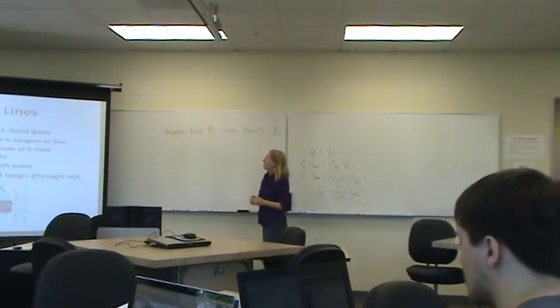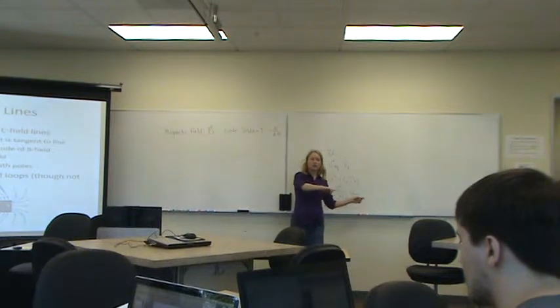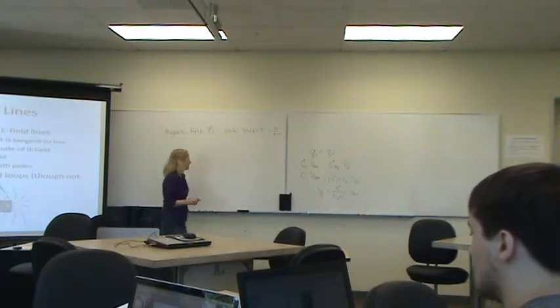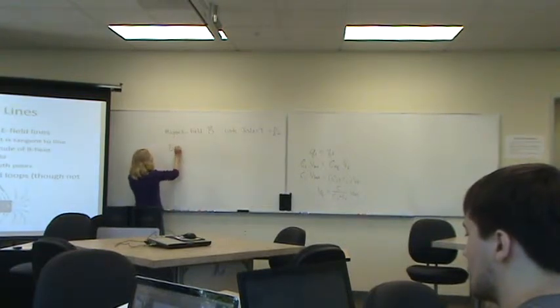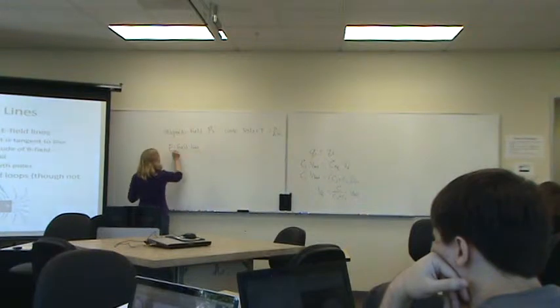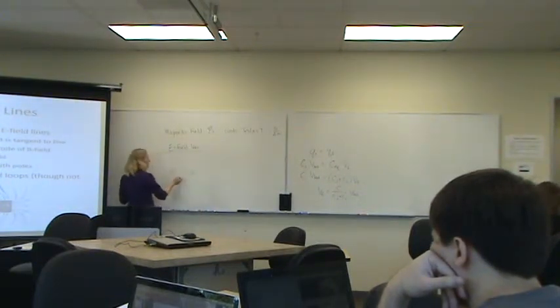All right, so we learned with electric fields about equipotential lines and electric field lines. Electric field lines, just to review really quick: if you have a dipole, then we learned that they start on positive and end on negative.